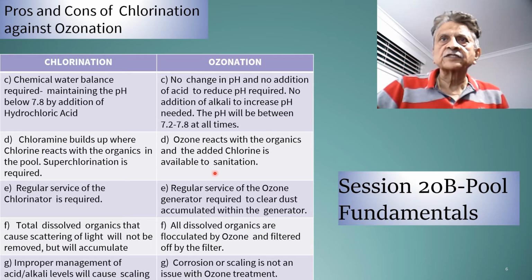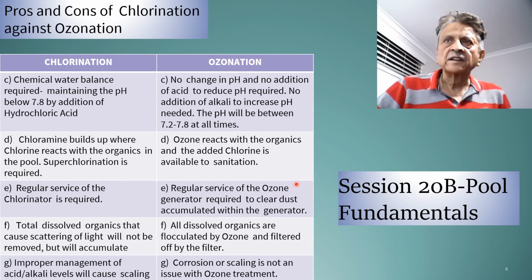With respect to ozonation, service of the ozone generator may be required. That may be every 6 months or a year, only to remove dust and dirt that might have accumulated within the generator because of the suction of air by the fan that might bring in quite an amount of dust and other particles that may stick to the electronics and the ozone cell.